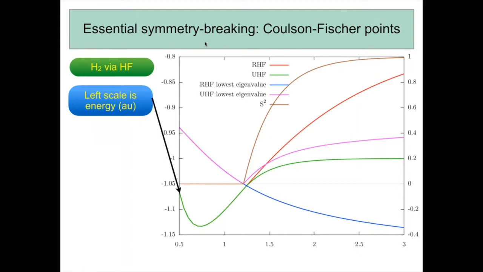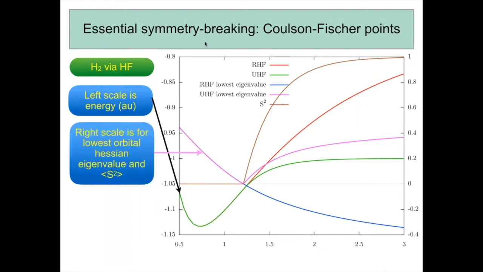You can see that at a particular point, around 1.25 angstroms, there will be a breaking between the red and the green curves. They split, and then on the right-hand side is a scale that is not energy, but is the lowest eigenvalue of the orbital Hessian.